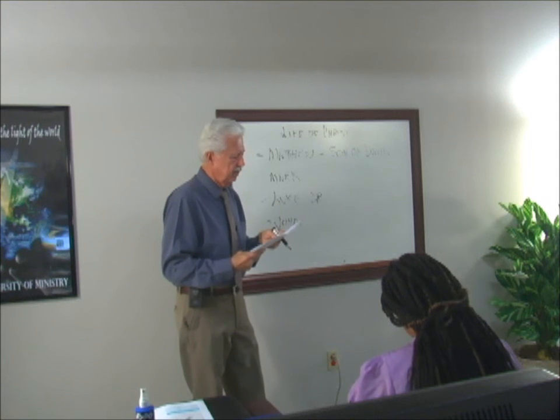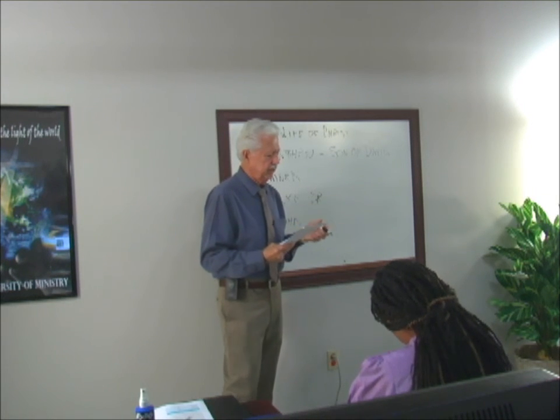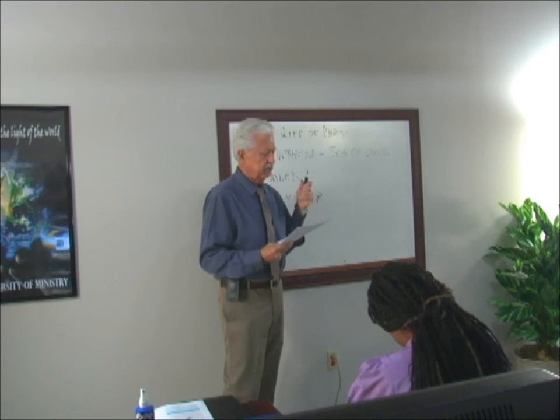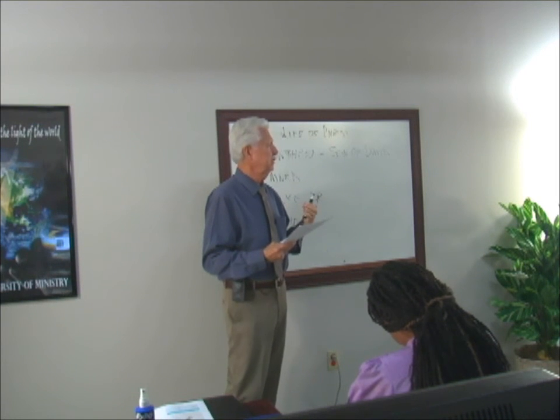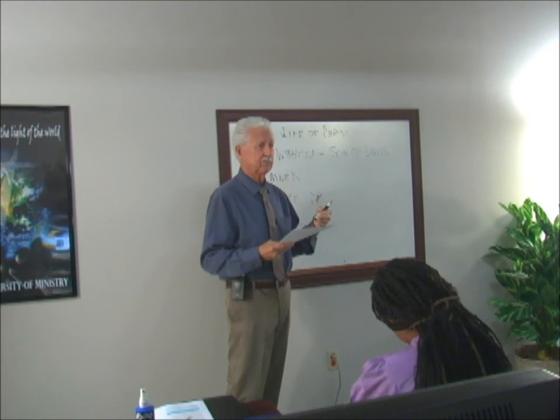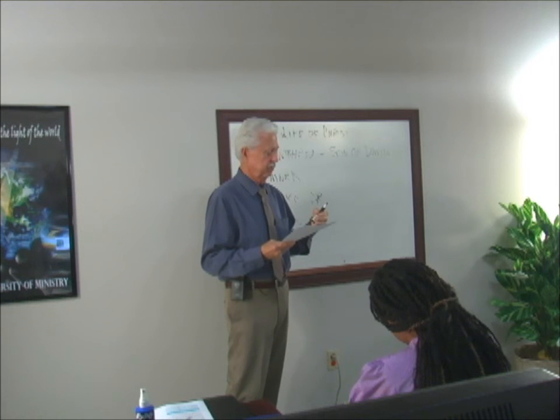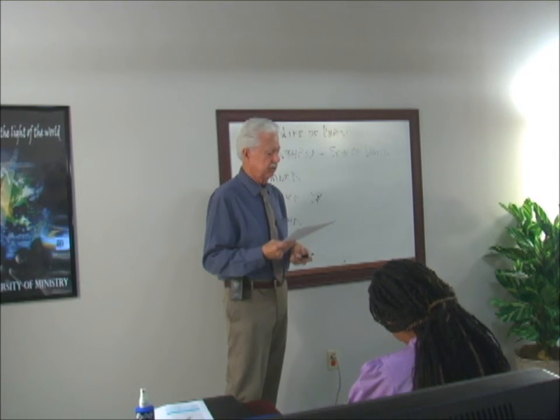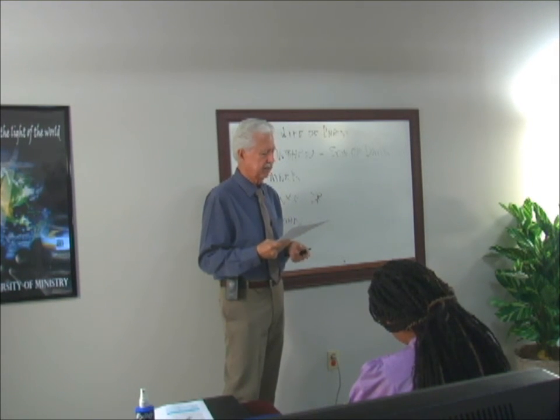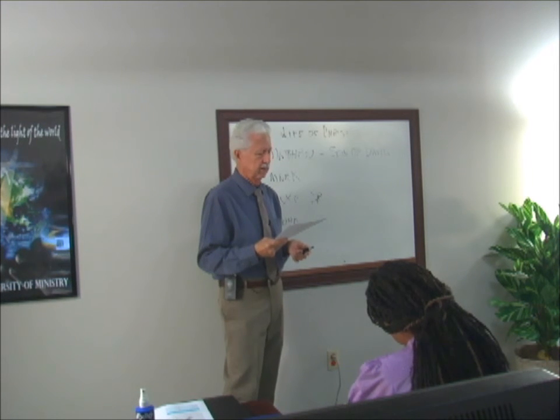And the last one, in Matthew 13:34, he mentions that he did not speak anything to them other than in parables. So Matthew's full of the parables, and that was a prophecy from Psalm 78, verse 2.